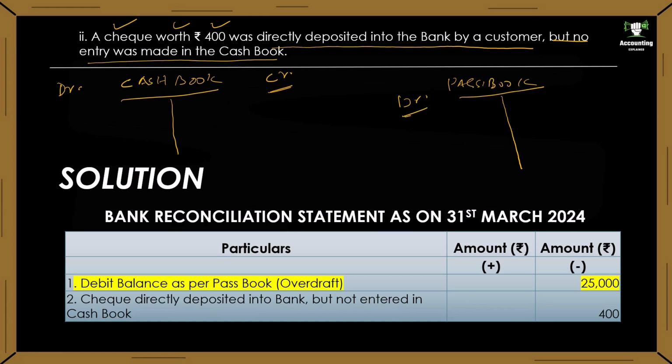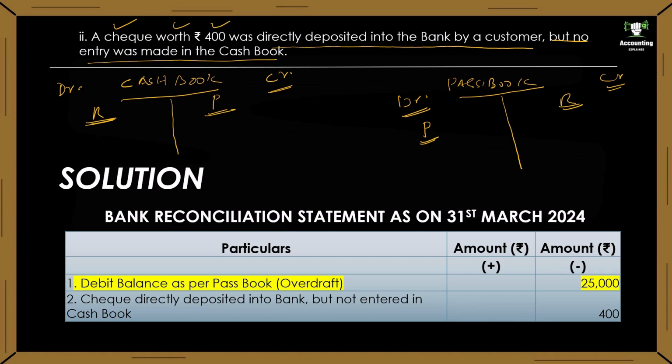In the cash book, the debit side is your receipts column, the credit side is your payments column. But the passbook is the opposite of the cash book, so the debit side is your payments and the credit side is your receipts. All these things I have explained elaborately in my previous videos. I'll be sharing the link in the description box. Please go through those videos.